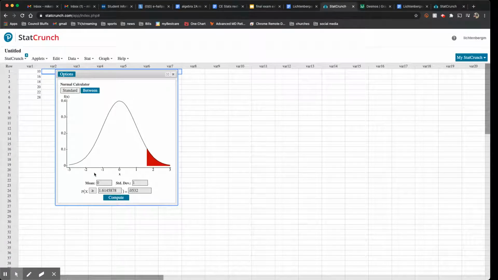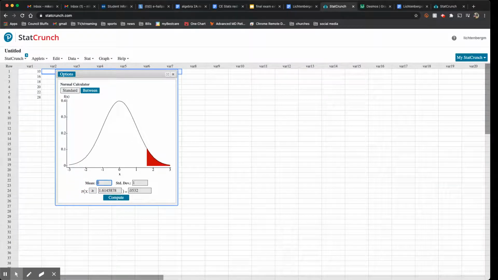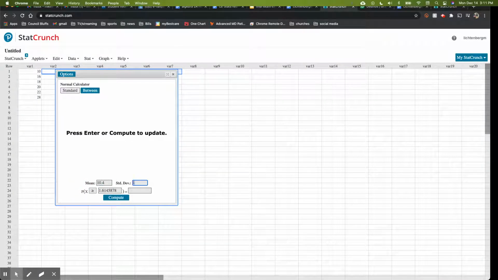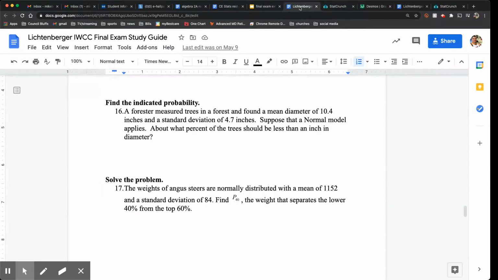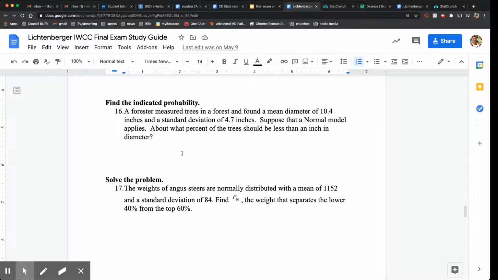Okay. So we're going to again go here. Our mean this time is 10.4 inches. Our standard deviation is 4.7 inches. And we want about what percent should be less than.